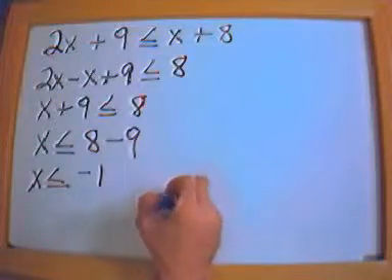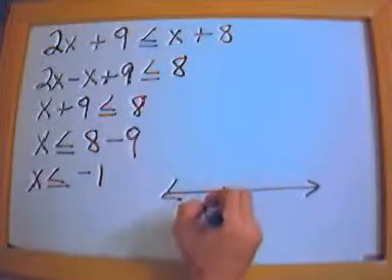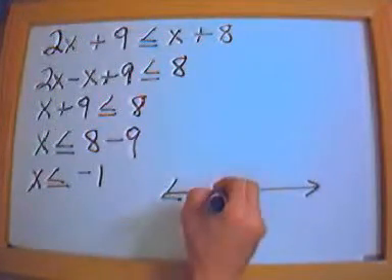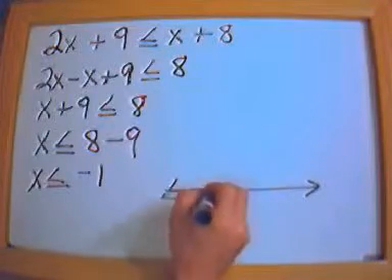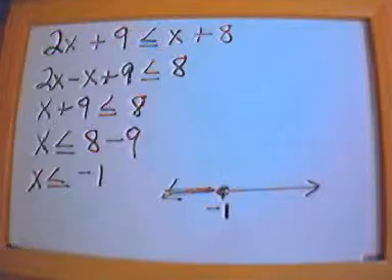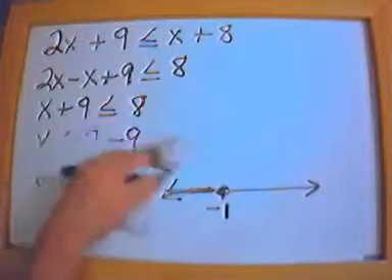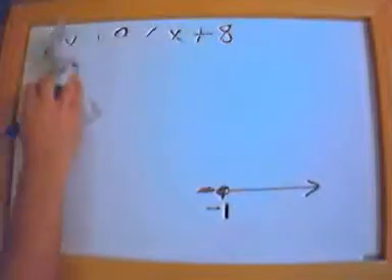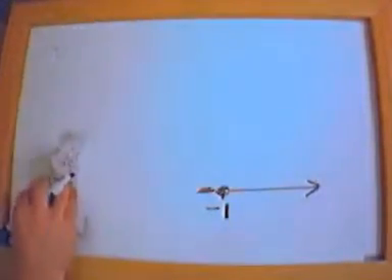And then if you were to graph that on a number line, if you had negative 1, that would be the set of numbers to the left, which is less than that, and a solid dot, which means less than or equal to. So pretty much all the tricks that you've learned, you know, when dealing with your equations are going to be applicable here.